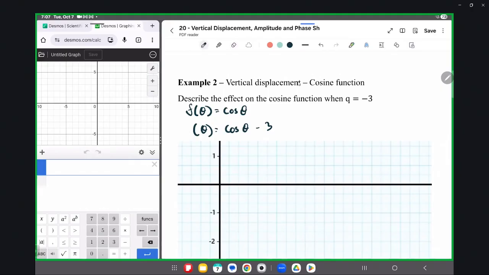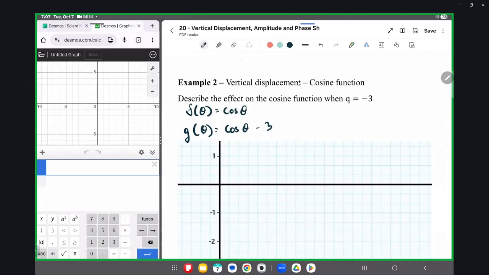There is nothing wrong with calling this f of theta equals cosine theta and f of theta equals cosine theta minus 3, except that we run into ambiguity problems where traditionally we know that f of theta is used to represent a general function, but typically when we have a transform function, we just use a different letter because it's easier.